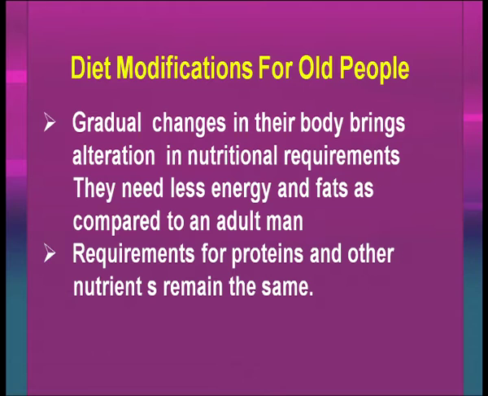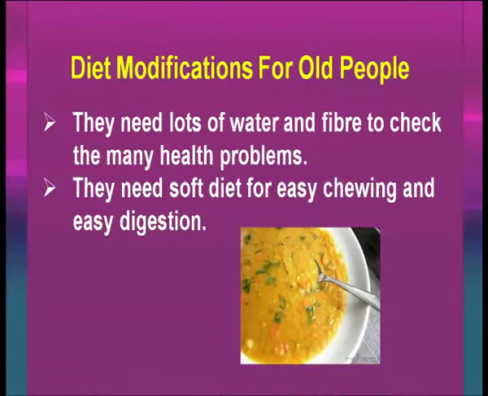Requirement of protein and the other nutrients remain the same. Please check this point again. Only the change in energy is there, but other nutrients are more or less the same. They can have lots of water and fiber to check their many health problems, but they need a soft diet for easy chewing and easy digestion.